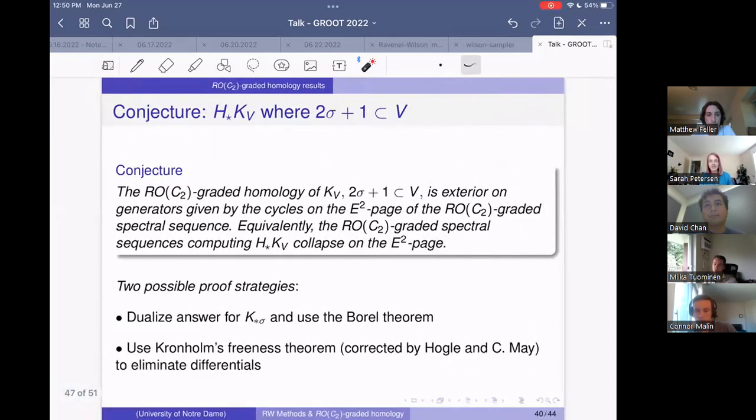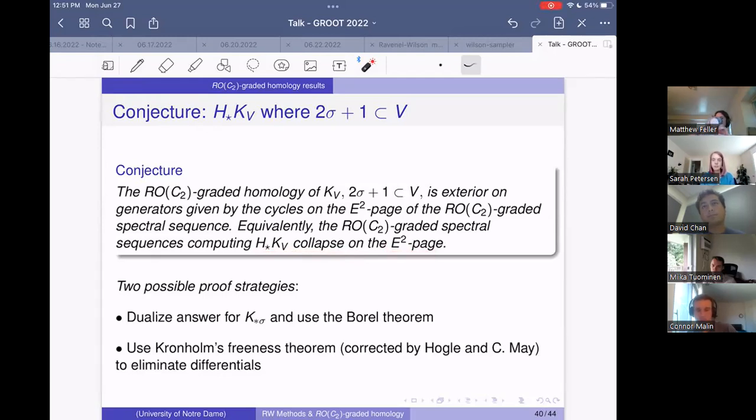But I do have a conjecture for these spaces, and my conjecture is that I believe the RC2 graded homology on these spaces is presumably exterior on the generators given by the cycles on the E2 page. So equivalently, the RC2 graded bar spectral sequence computing this homology collapses.